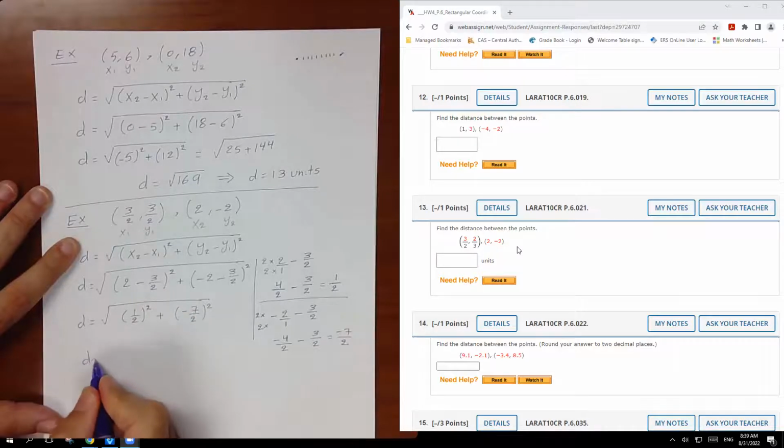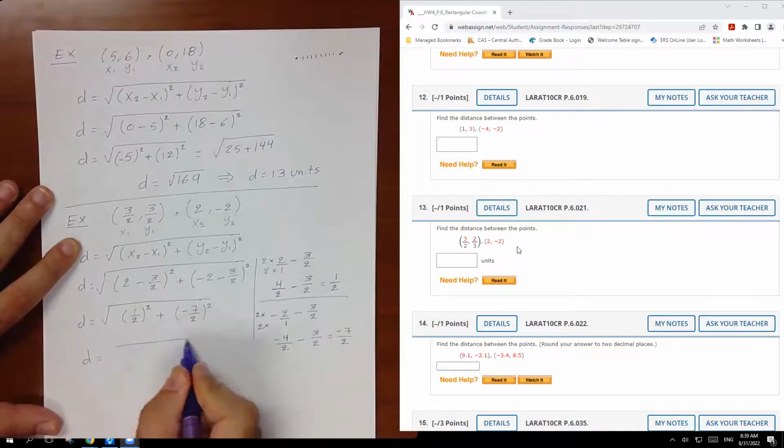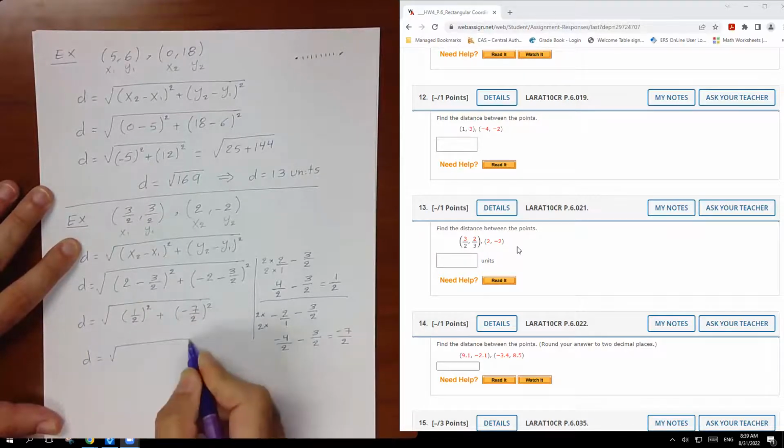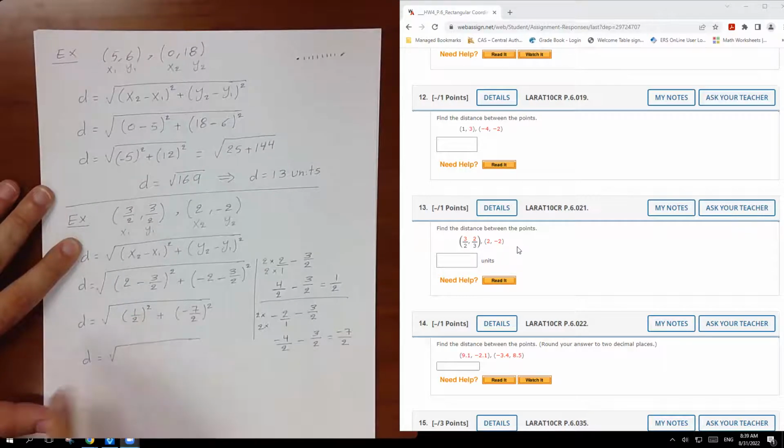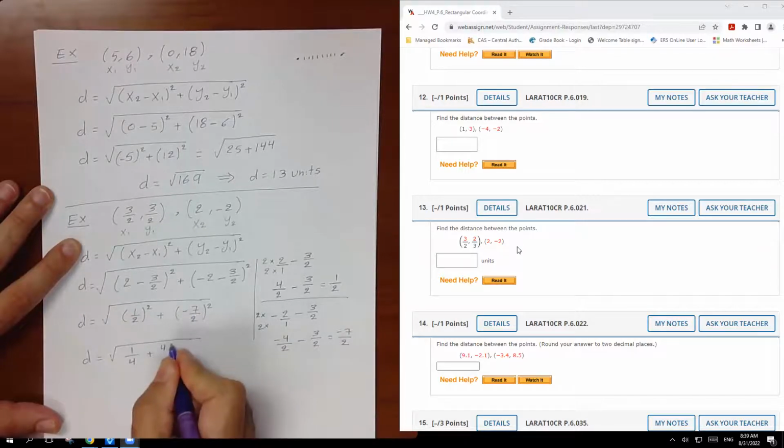So the distance is going to be 1 over 2 squared, which is 1 over 4, plus negative 7 squared, which is 49 over 4.